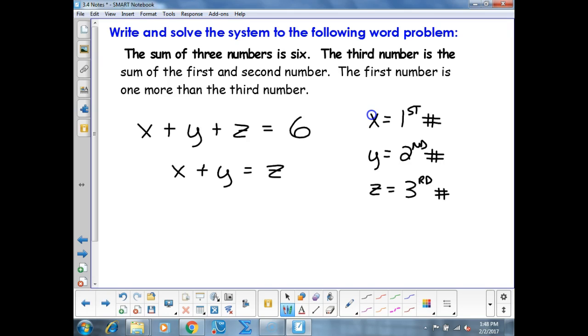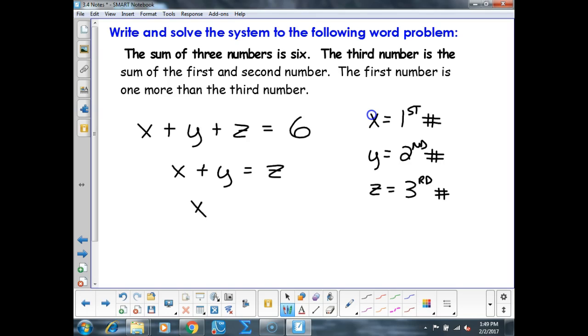Third sentence says the first number is 1 more than the third number. So it's going to be X minus Z. Right? It's going to be X minus Z if the first number is 1 more than the third. So the first number is X, right? Yep.